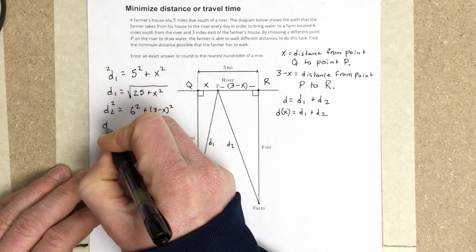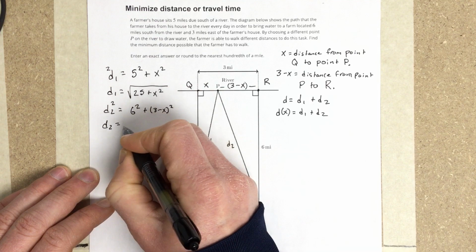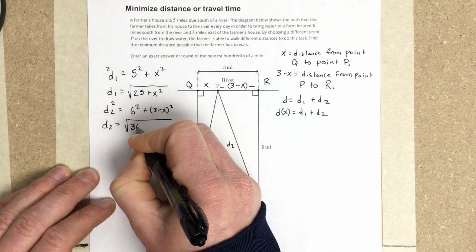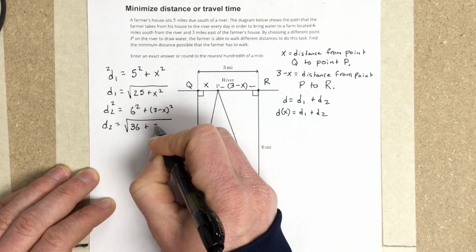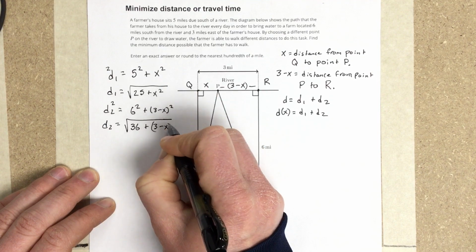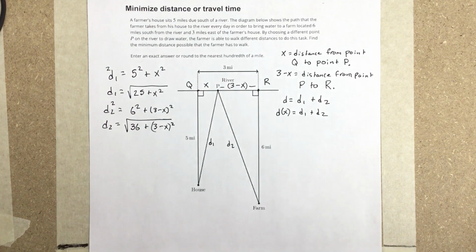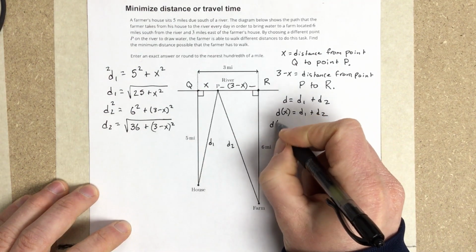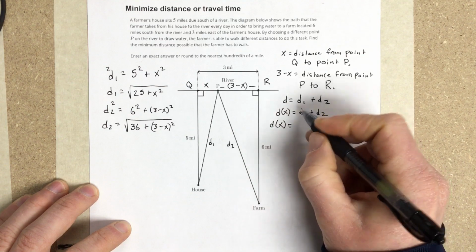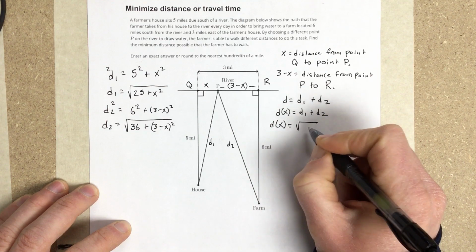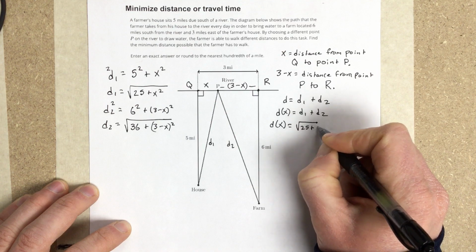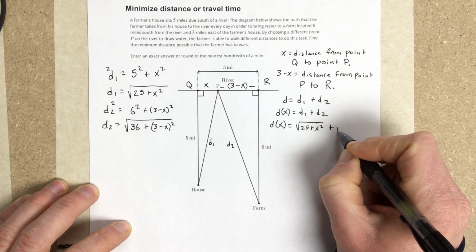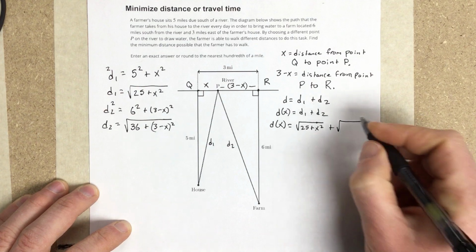Square root each side, we get D2 is equal to root of 36 plus (3 minus x) squared. Okay, so we can substitute those in for D1 and D2 here and say that D of x is equal to root 25 plus x squared plus root 36 plus (3 minus x) squared.